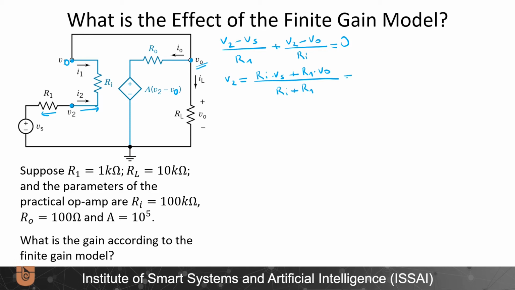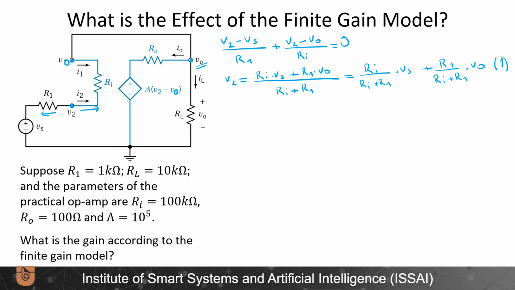And I can actually write this with separated terms: Ri divided by (Ri plus R1) times Vs, plus R1 divided by (Ri plus R1) times Vout. So this might be an important equation. This is the KCL.